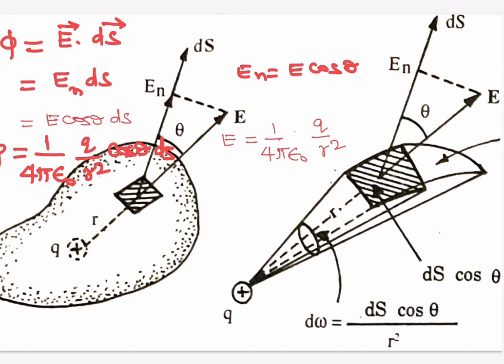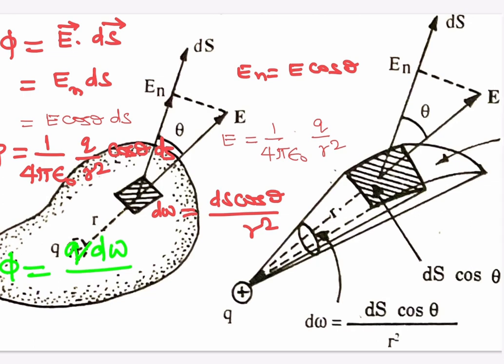Now further, since previously we defined the solid angle which is given by d omega is equal to ds cos theta by r square, substituting this value, phi is equal to d omega into q divided by 4 pi epsilon naught.